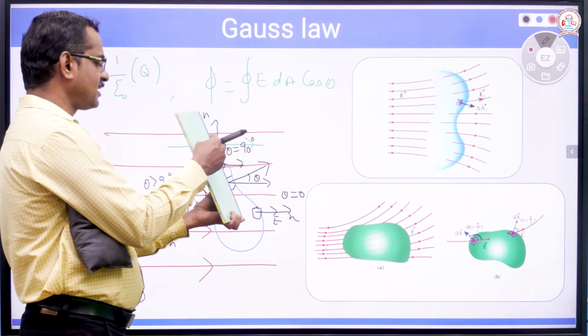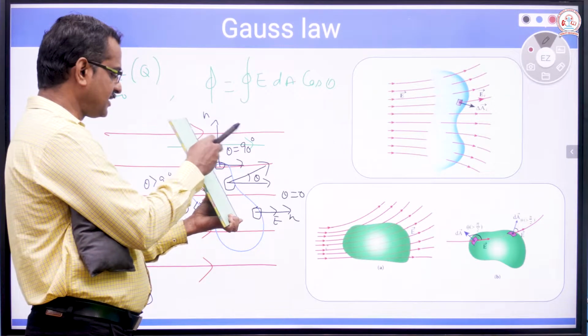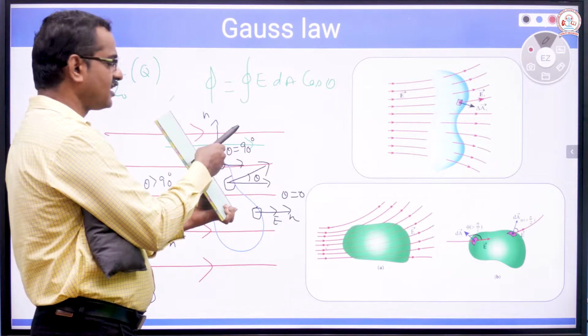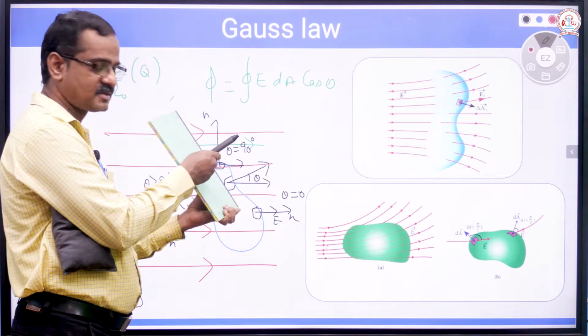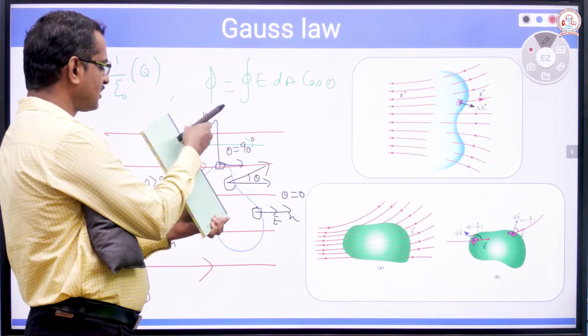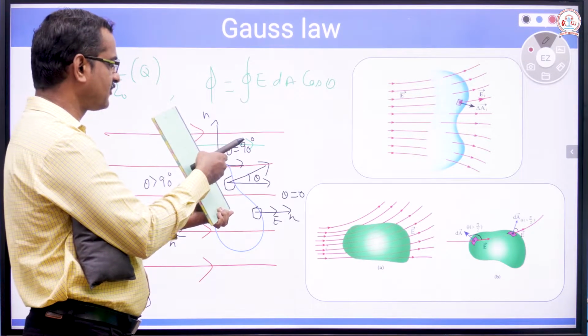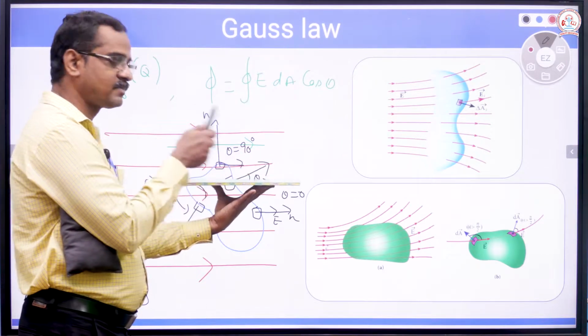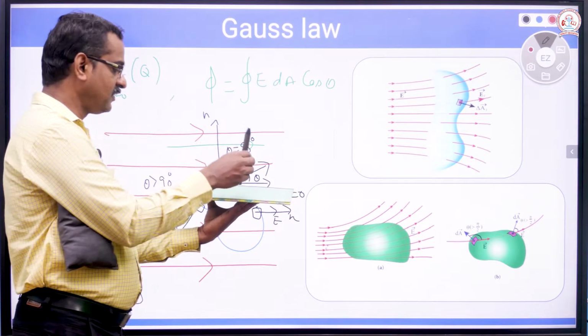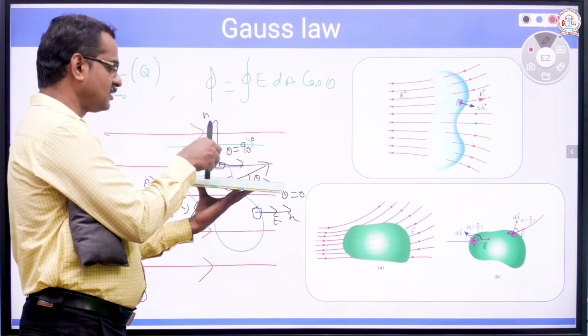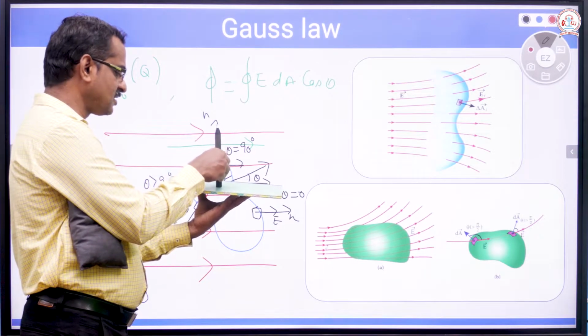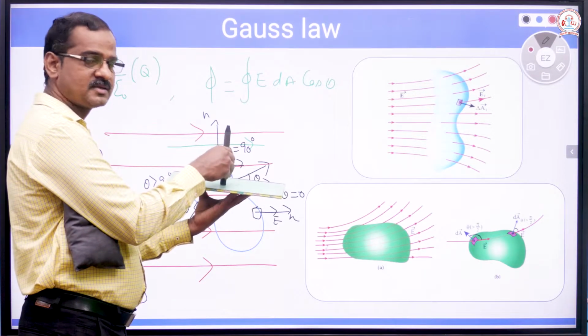If the surface is slightly inclined, tilted like this, then just for understanding, take theta equal to 45 degree in this case. Then wherever on the surface we calculate, theta is constant, 45 degree. If the surface is kept like this, then wherever you calculate, theta value is 90. Theta is the angle between normal to the surface and direction of electric field, that is 90.